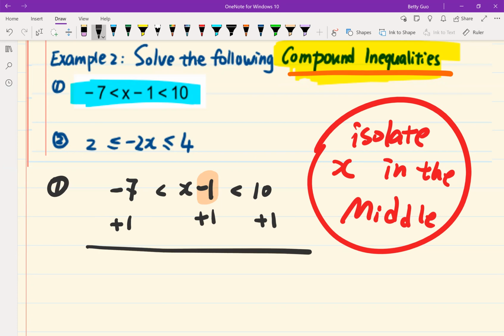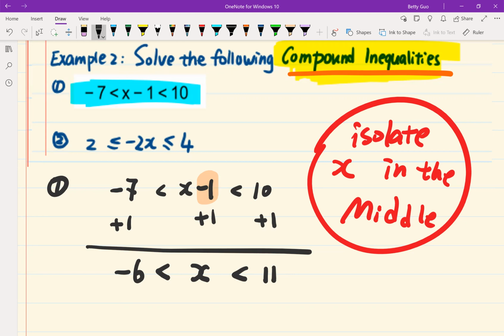Left-hand side, -7 plus 1, what do we have? -6. And bring down the less than. In the middle, x minus 1 plus 1. That's how we isolate the x in the middle, right? -1 and 1 cancel. On the right, what is 10 plus 1? Obviously, it's 11, correct?